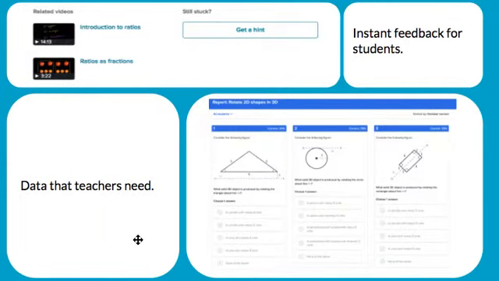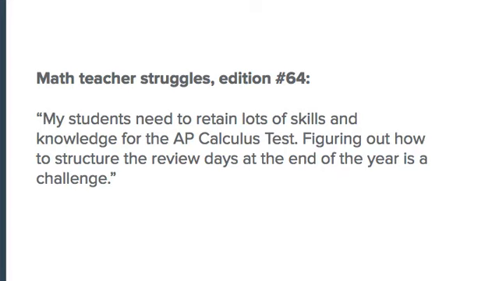Okay. So again, we talked about earlier that they give students feedback right away if the questions are right or not. And teachers can view how students are doing on these assessments and different exercises.